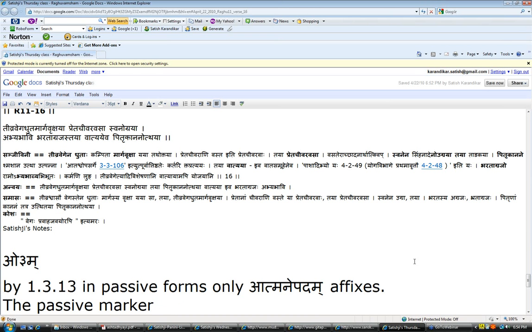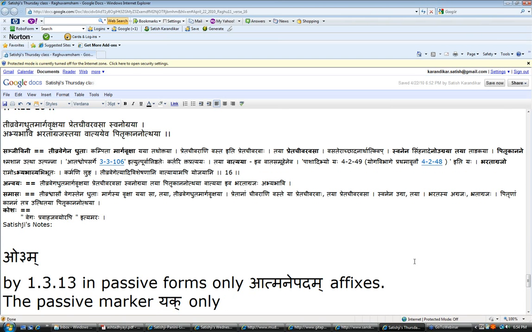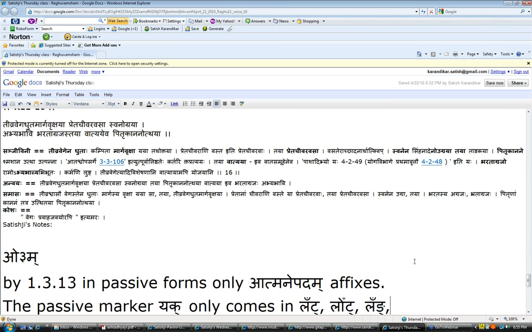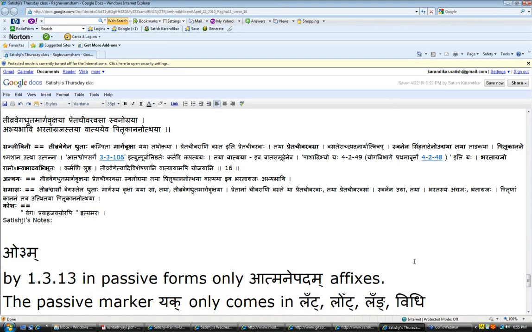The passive marker yak only comes in the lat, then the lot, lat, lot, because in other places it gets overruled. And then the lung and the vidhiling. But for us right now we are looking at a lung lakara, so that will not help us.